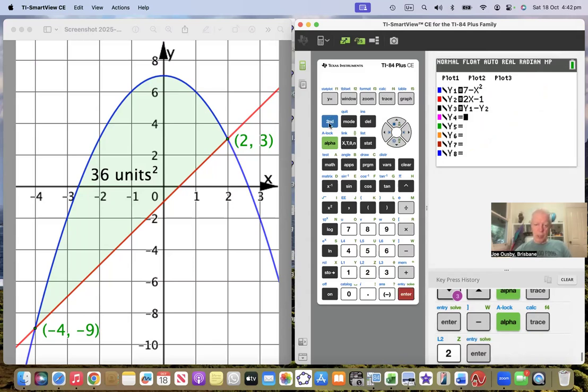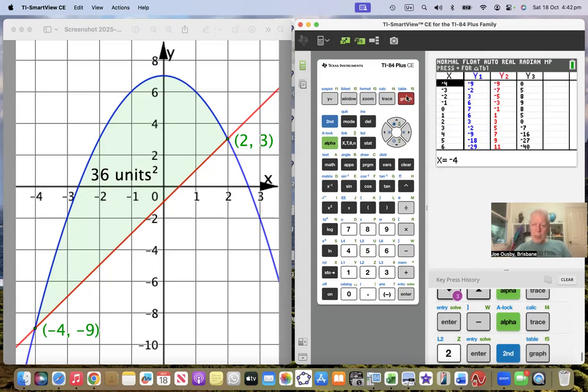Then if we look at the table of values, when x is -4, y1 and y2 are both -9, as you'd expect, but the difference between them is 0. When x is -3, they were both negative numbers, but when you subtracted -7 from -2, it gave a positive number. It gave 5.